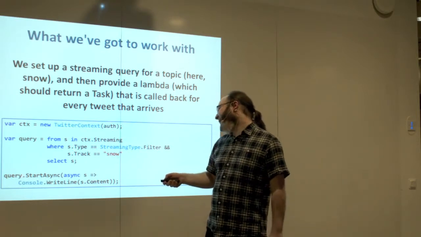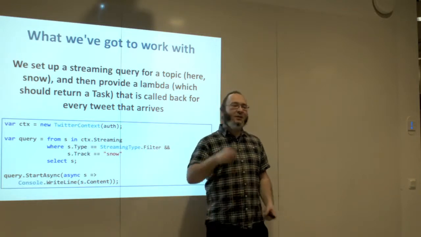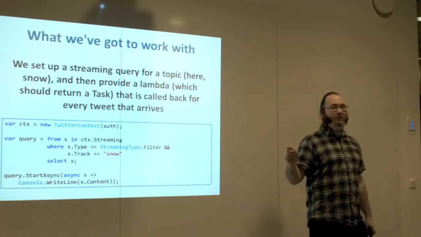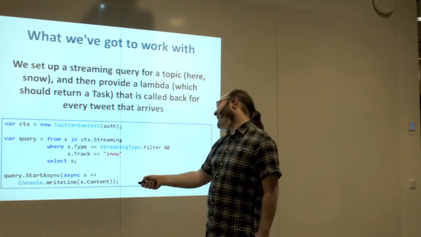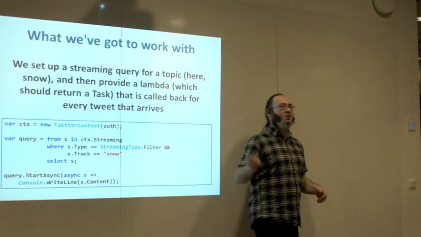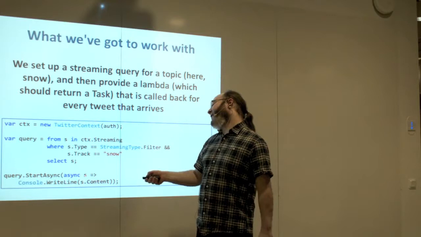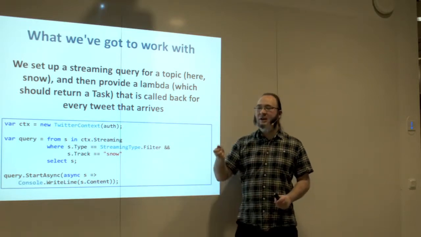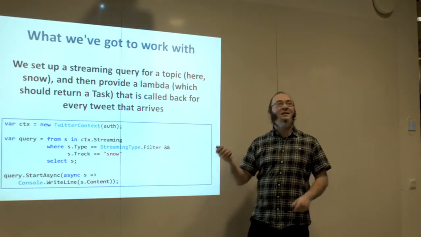And when we say start async, what this will do is it will give me a callback each time a tweet arrives. And then all I'm doing here is I'm actually just outputting it to the console. That actually dumps the JSON, okay? So what this is going to do is it's just going to output it on the console every JSON blob that I get sent. Okay, so it's pretty easy to get those.